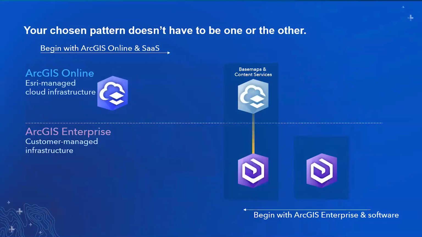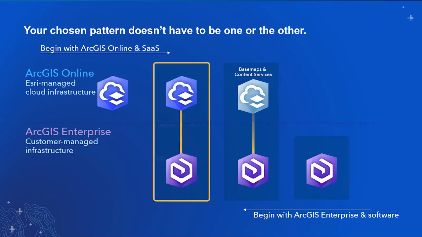So you can start bringing in the base maps and services from ArcGIS Online into your ArcGIS Enterprise, as well as different layers. So you can bring in other existing layers from ArcGIS Online into your ArcGIS Enterprise. That's what I referred to earlier as that hybrid approach. So you're able to bring things in and not necessarily push things out.